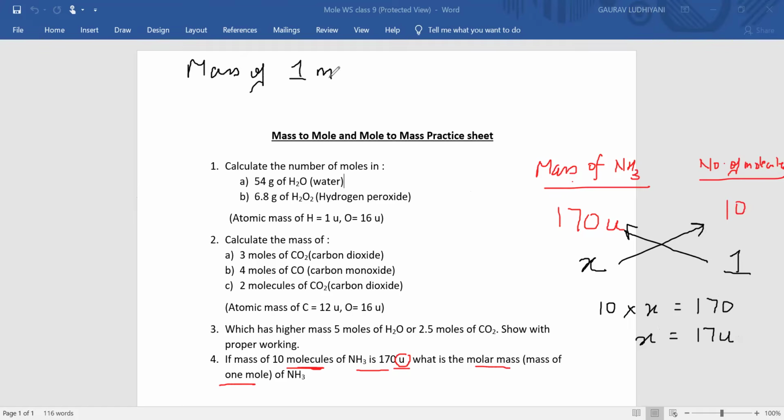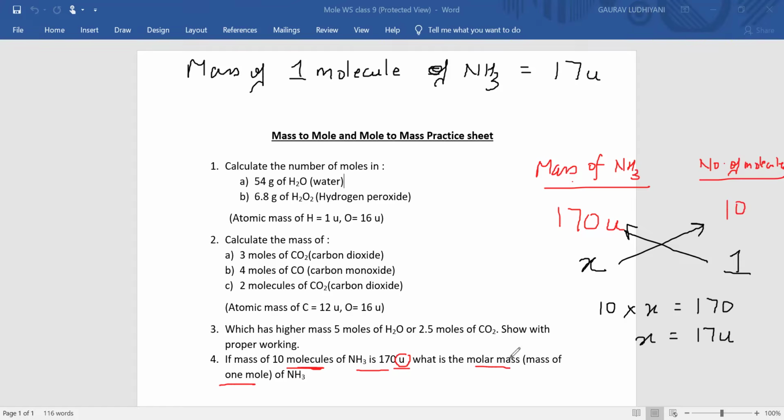So now I don't need those individual atomic masses. The mass of one molecule of NH3 is 17 U.